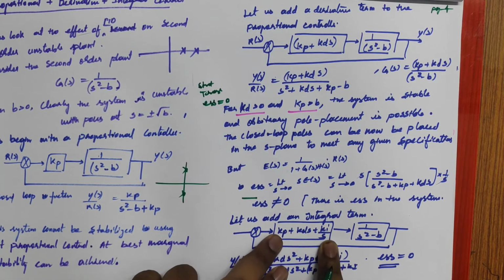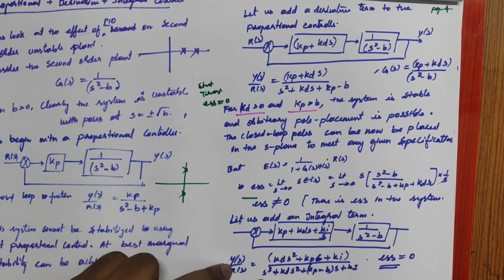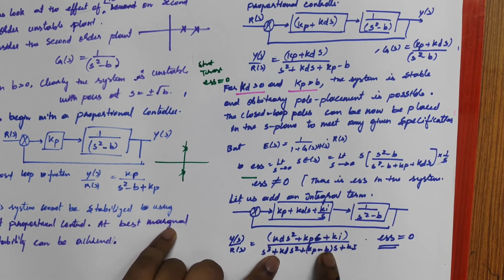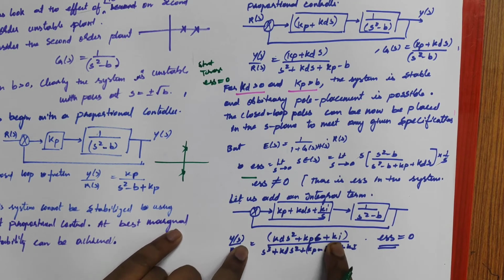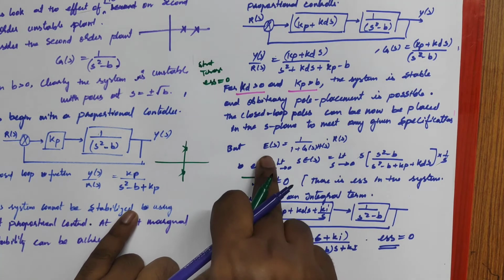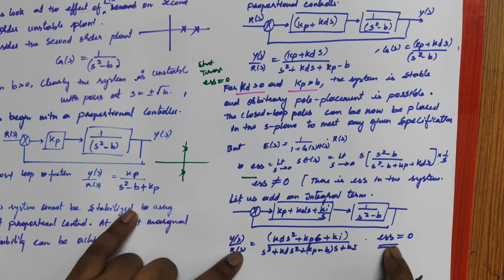If we incorporate this integral controller, the overall system is this. By Routh-Hurwitz, for positive KD, KP, KI values, we can say that this system is stable. And with this mathematics, I obtain steady state error equal to 0.